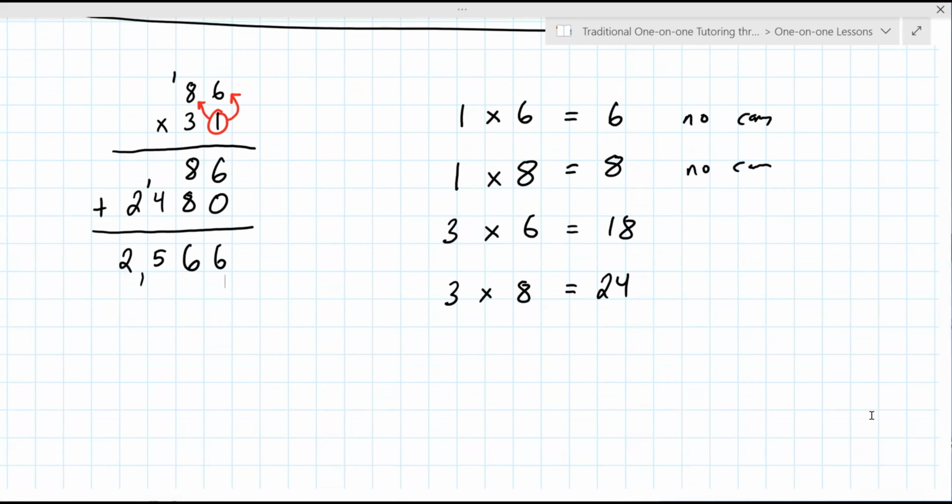It's important that you get all this down. Done. All right, so we're going to try another problem here.